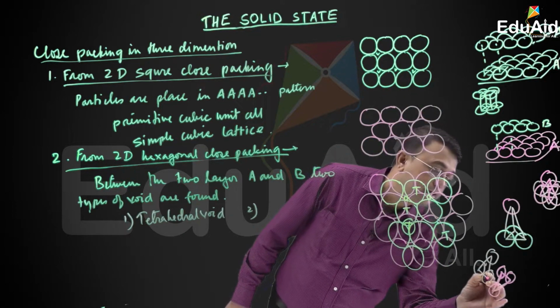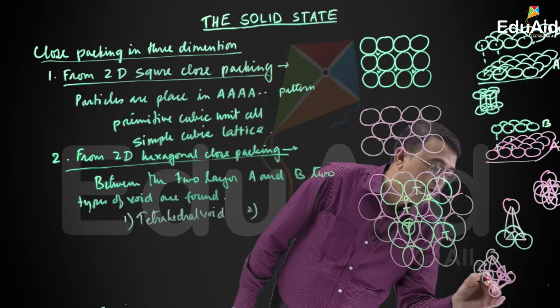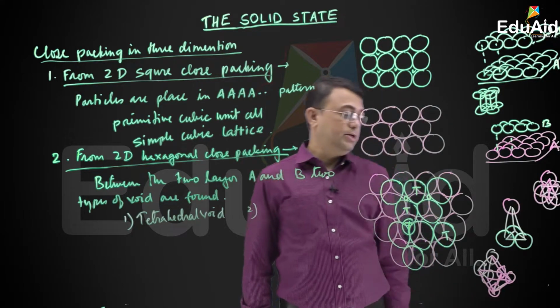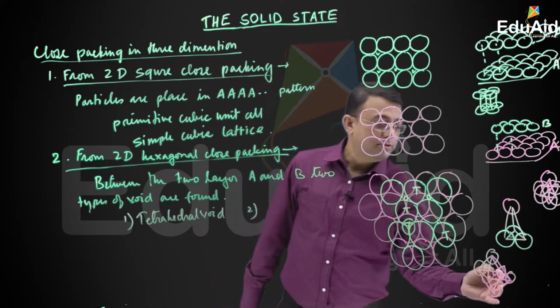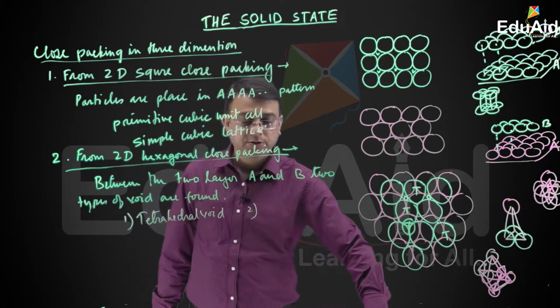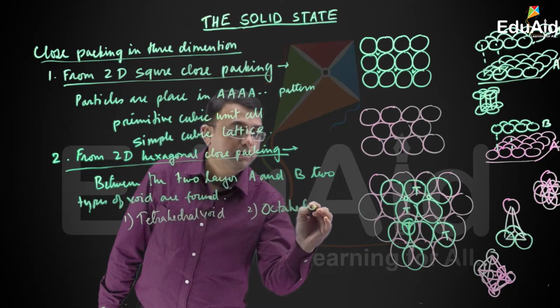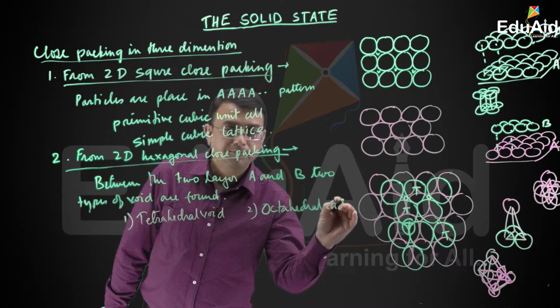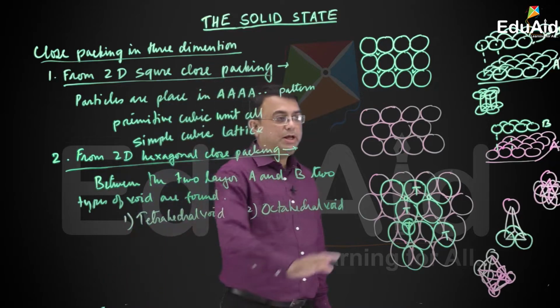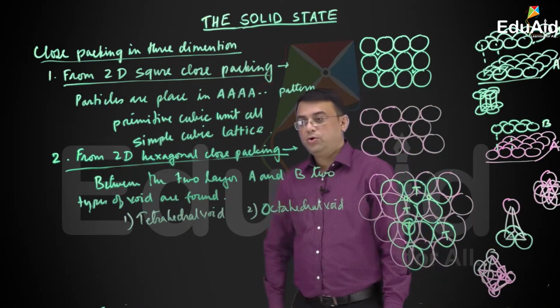Now if you connect this, you will form an octahedron, isn't it? So these are called O void, octahedral. So the second type of void is octahedral void.